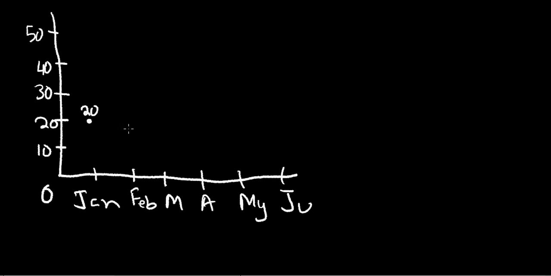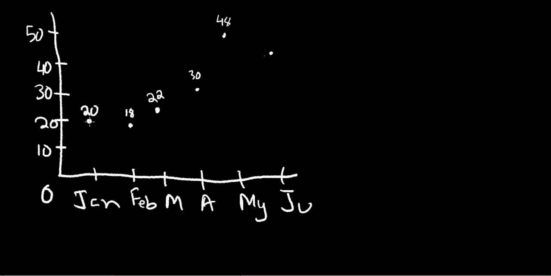Then February, it's a bit down, 18. March, it's a bit higher than 20, it's 22. April, it's 30. May, it goes all the way up here, 48. And June is around here, 42.